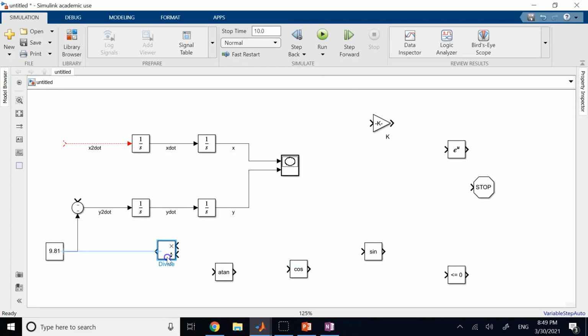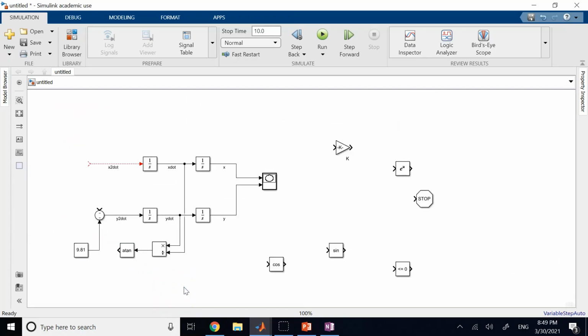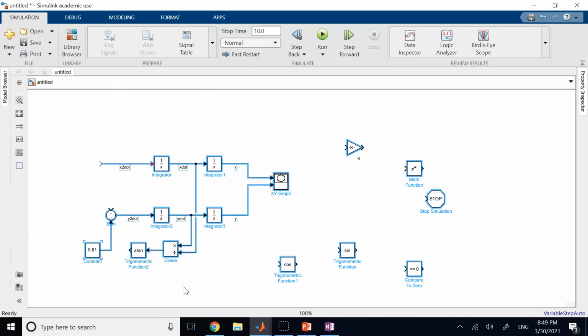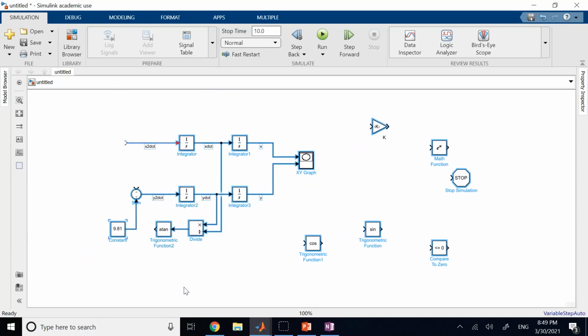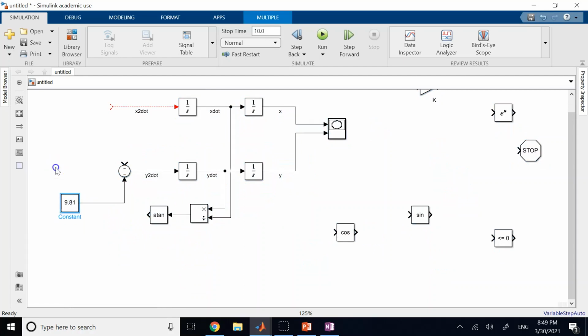If you pass to it, the numerator goes to this product, and the denominator goes to the divide. So this is going to be y dot divided by x dot, and if you bring it here and take arctangent of it, this is going to be your theta.